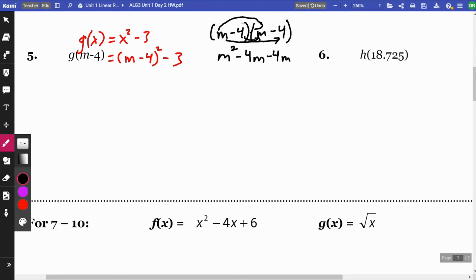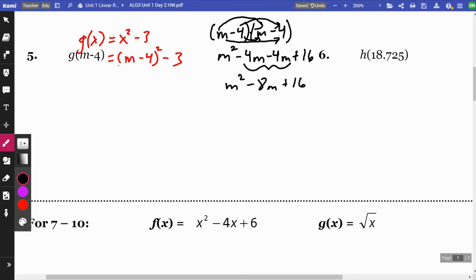And then our last terms, negative 4 and negative 4 multiplied is a positive 16. And we can't forget that these 2 terms in the middle are like terms. So this is m squared minus 8m plus 16.